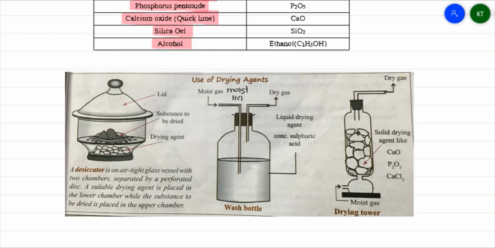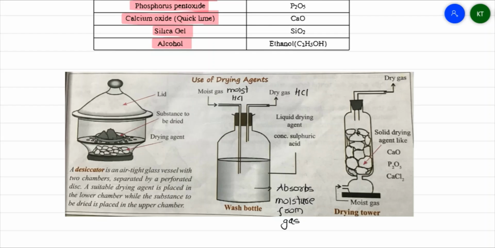This concentrated sulfuric acid absorbs moisture from the gas and sets the dry hydrogen chloride gas free, which is collected over here. So here concentrated sulfuric acid acts as a drying agent, and it is a liquid drying agent.